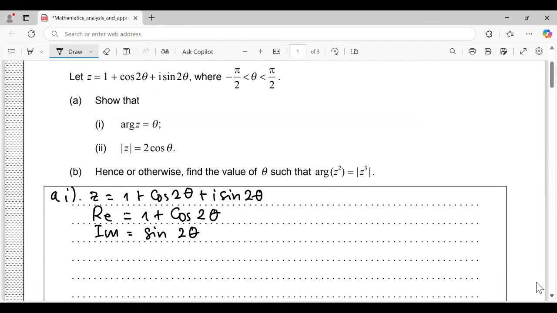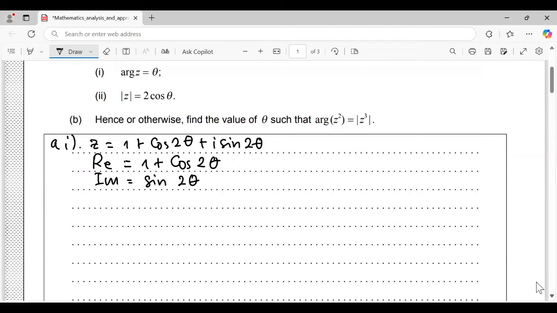The argument of this complex number z equals tangent power minus 1 of y over x. This is the rule of argument of a complex number, where this part is x and this part is y.